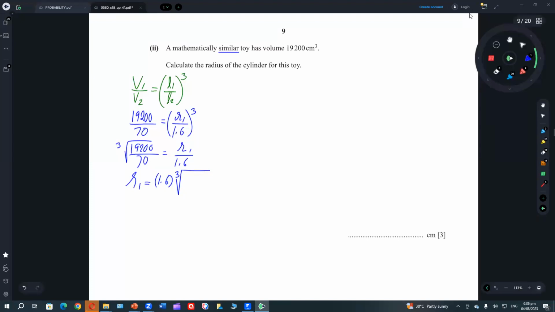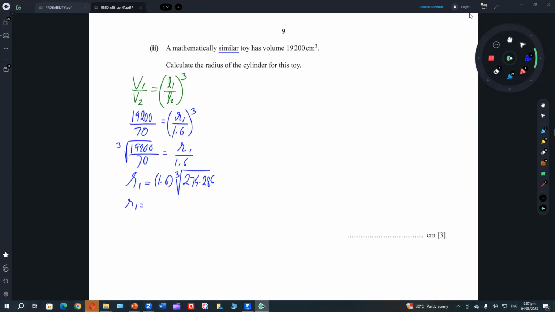What answer are you getting? So I keep getting a different answer. When I do 19,200 divided by 70, I get 274.28. And then I'm supposed to do the cube root, and I get 1.865.